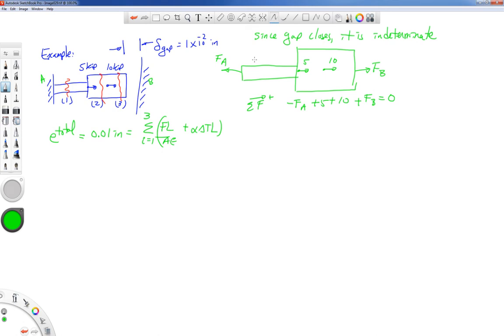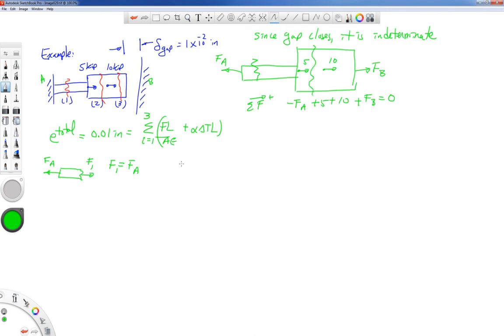So let's draw free body diagrams. I'm going to cut inside section number 1. And from this picture, F1 is equal to FA. Just assuming F1 goes to the right. That may or may not be correct. As a rule, I always like to assume that the forces cause positive stresses in the material, positive deformations.